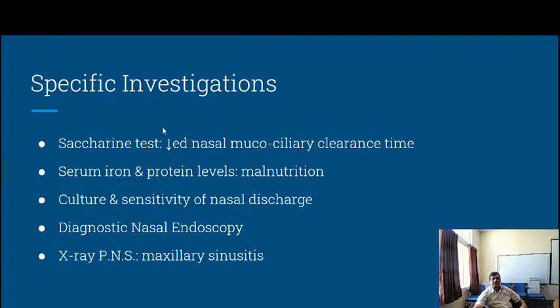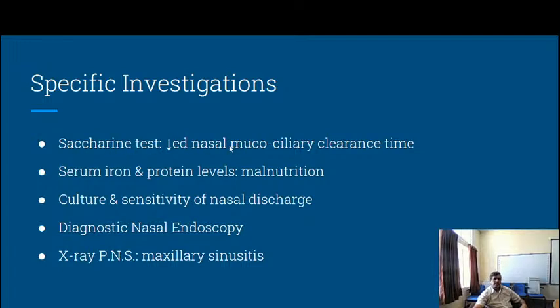In about 10 to 15 minutes, because of the nasal mucociliary activity, the saccharin is pushed backwards and comes into the nasopharynx, and you can feel the sensation of sweetness. This takes about 10 to 15 minutes.